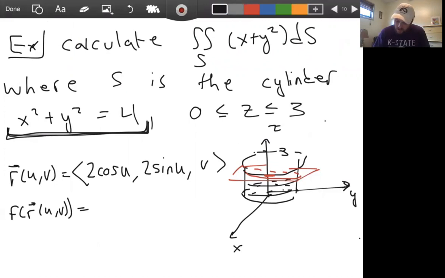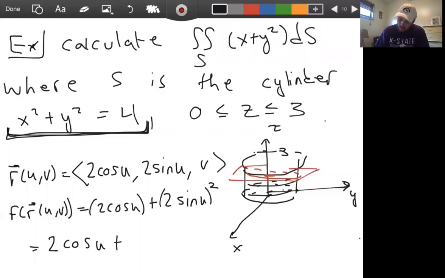And so if we plug in, we're going to get 2 cosine u plus (2 sine u) quantity squared, which is 2 cosine u plus 4 sine squared u. So this is our f of r of uv here.